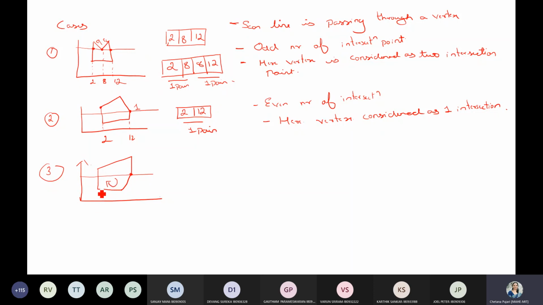If I'm traversing the edges in a clockwise direction, let's consider that this is 12. If I'm traversing in a clockwise direction, here you are going to observe the y value.